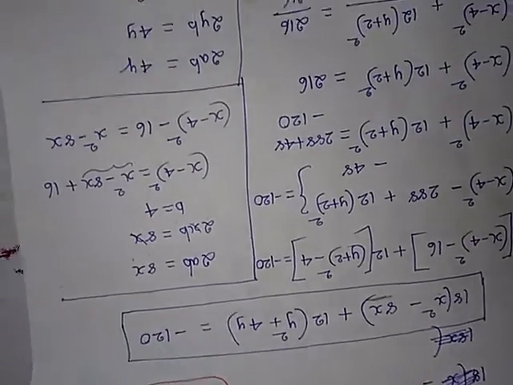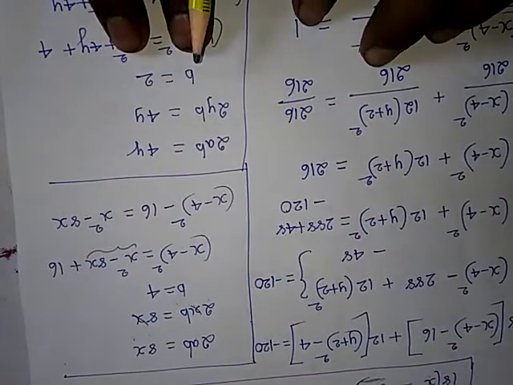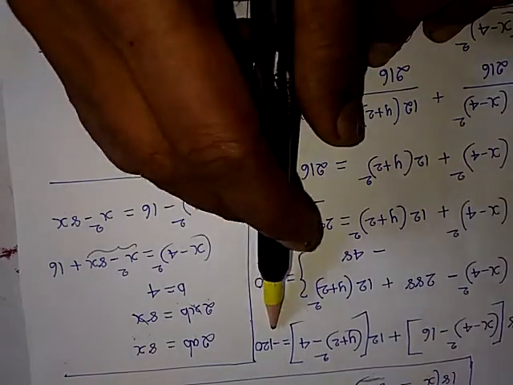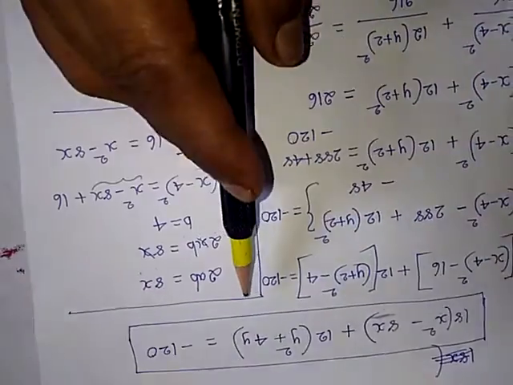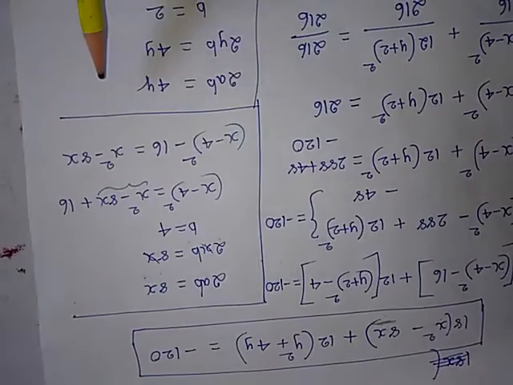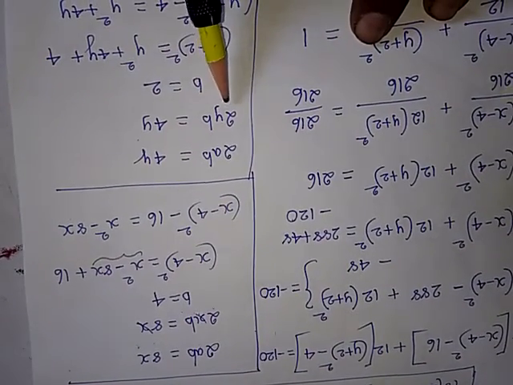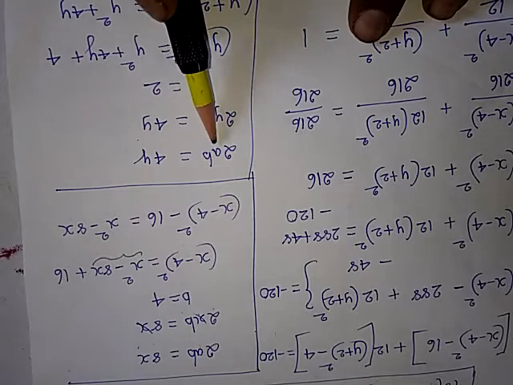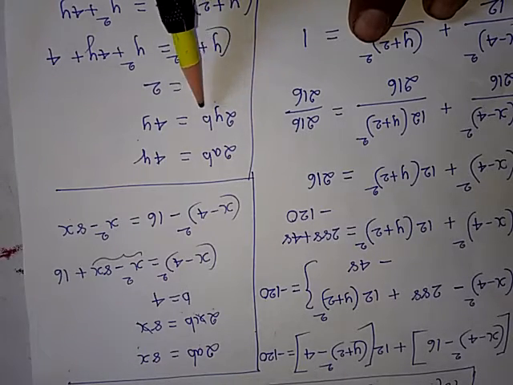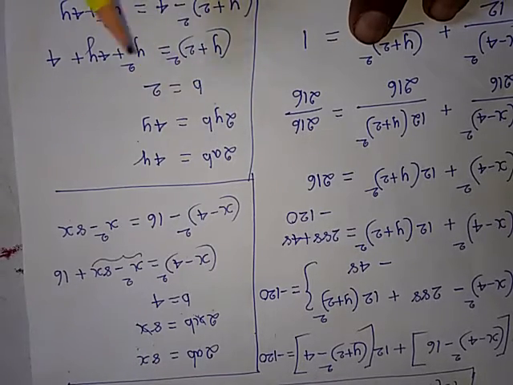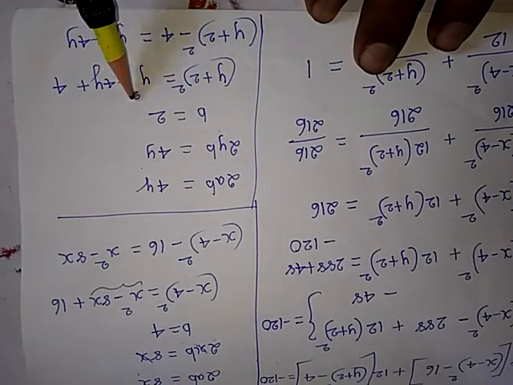So in the place of x squared minus 8x we can substitute x minus 4 the whole square minus 16. Now coming back to the second part, in the place of 2ab we have 4y. So 2ab is equal to 4y, in the place of a we have y. 2yb is equal to 4y, y gets cancelled and b is equal to 2.